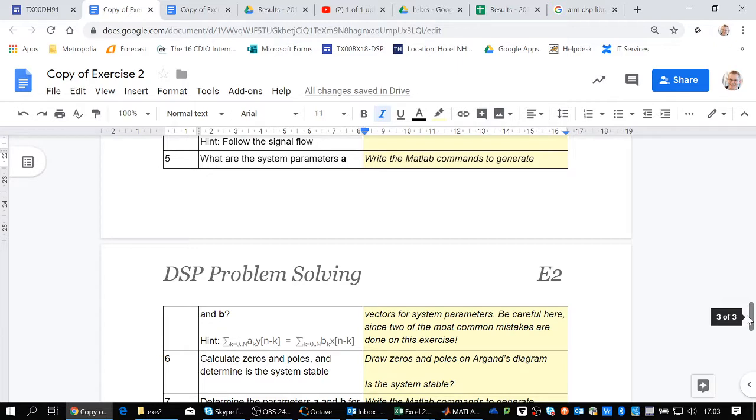So on the left-hand side, we have A0, which is always 1, times y of n. So that is basically A1, A2, and so on.